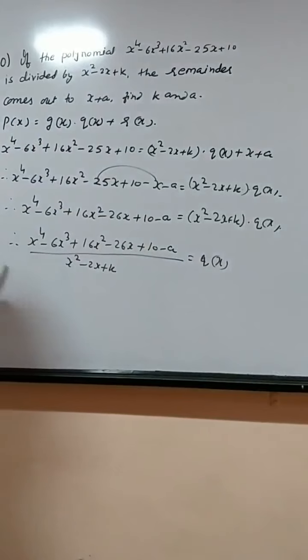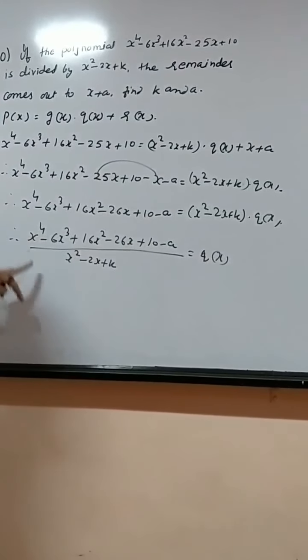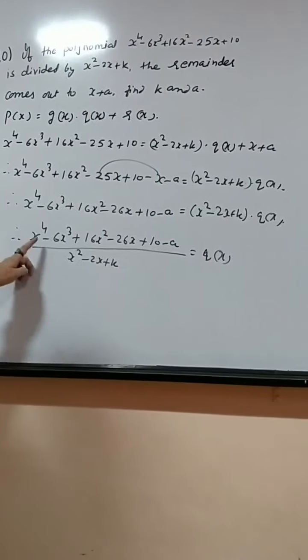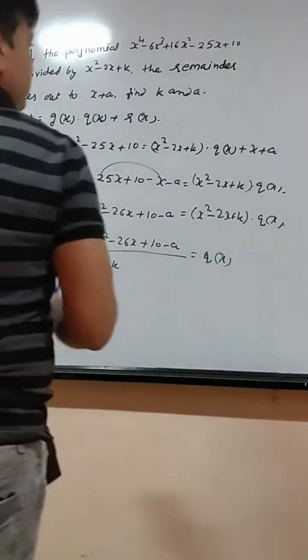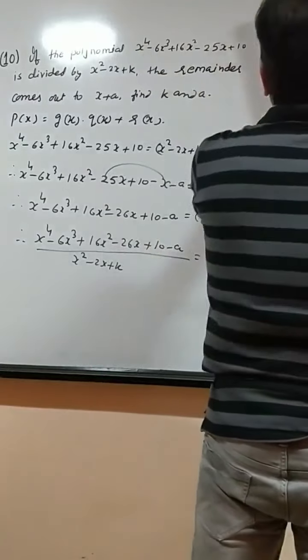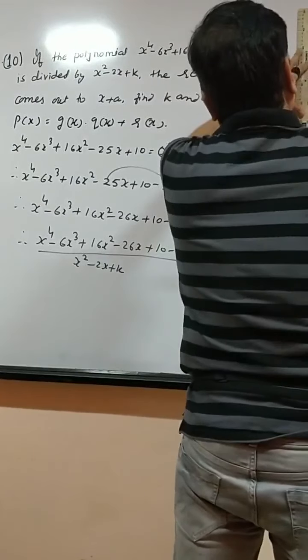So here the remainder is 0, and if you divide this by this, you will get the quotient. So divide this by this. It is a very long sum.